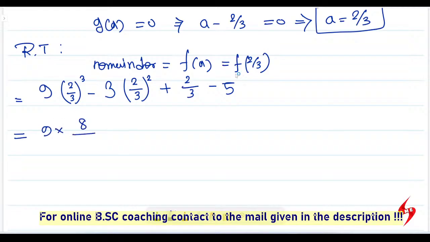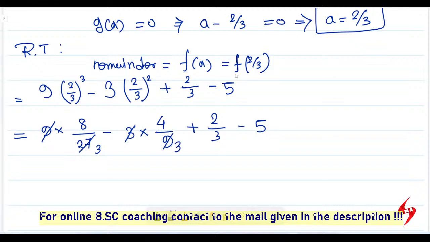That is 8 by 27 minus 4 by 9, plus 2 by 3 minus 5. Definitely that will be 3. So 8 by 3 minus 4 by 3 plus 2 by 3 minus 5.